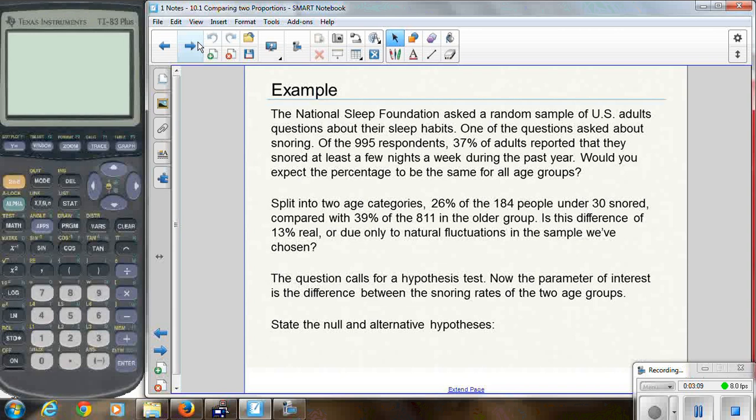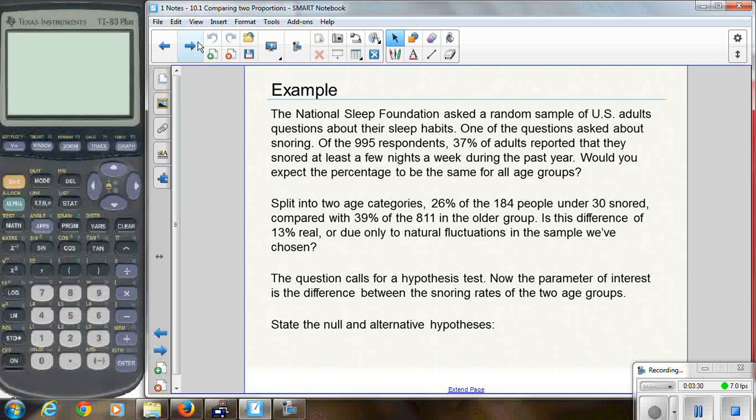In this particular example, the National Sleep Foundation asked a random sample of U.S. adults questions about their sleep habits. One of the questions asked about snoring. Of the 995 respondents, 37% of adults reported that they snored at least a few nights a week during the past year. Would you expect the percentage to be the same for all age groups?